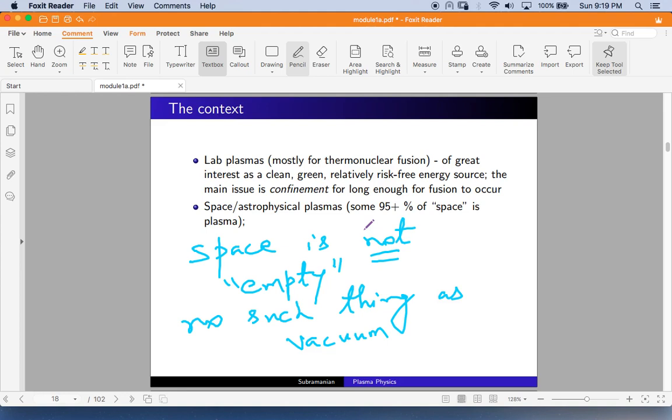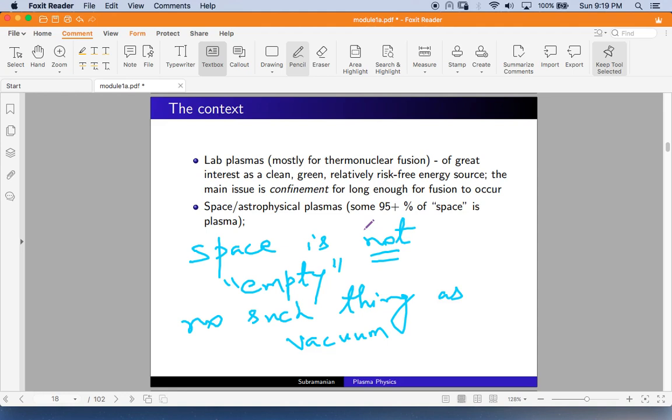If it's a small pulse, it disperses it, and so on. So what you're observing is a convolution of the properties of the source as well as those of the intervening medium. You need to understand the properties of the intervening medium very well if you're to make some deductions about the source from which these photons are coming.